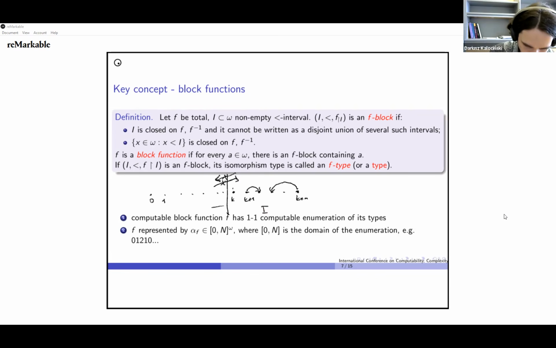So this part is also closed under f and f^-1. And function f is a block function if for every element a there is an f block which contains a.